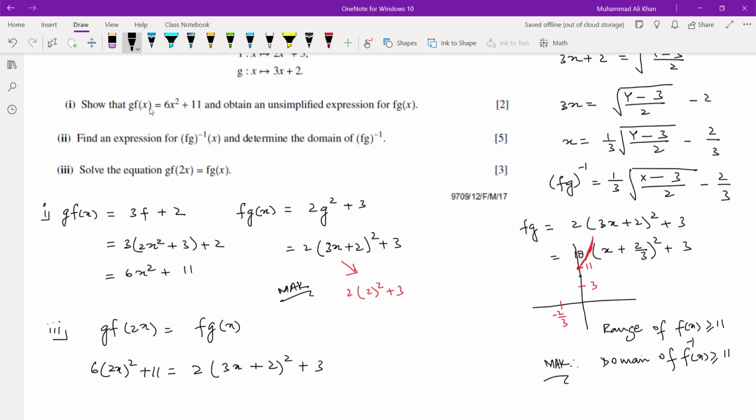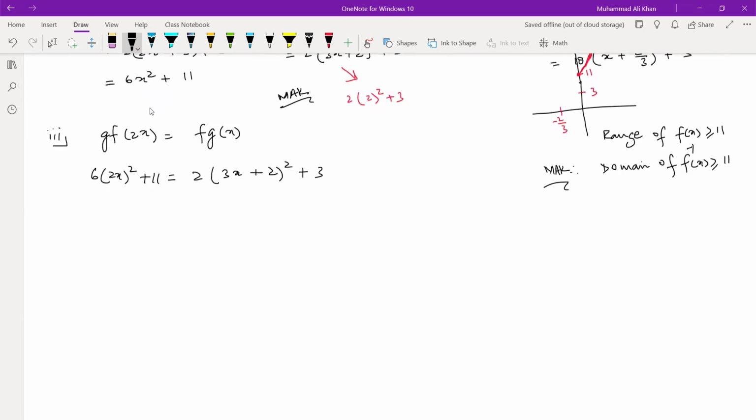Now we have to solve the equation. So it will be whole square expansion, 4 6 4 are 24x squared plus 11 equals to 2 in the bracket a squared plus 2ab plus b squared plus 3. So 24x squared plus 11 equals to 18x squared plus 24x plus 8 plus 3.